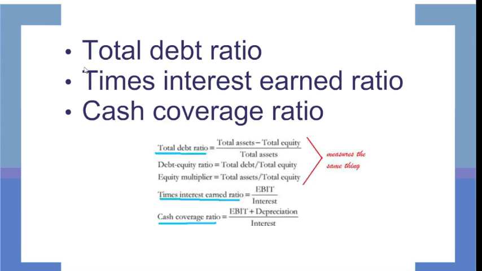Total debt ratio is simply liabilities divided by assets. Similar ratios are the debt equity ratio and equity multiplier. These three, the total debt ratio, debt equity ratio, and equity multiplier, essentially calculate the same thing, so you may find them used interchangeably, and we have to be aware of these.